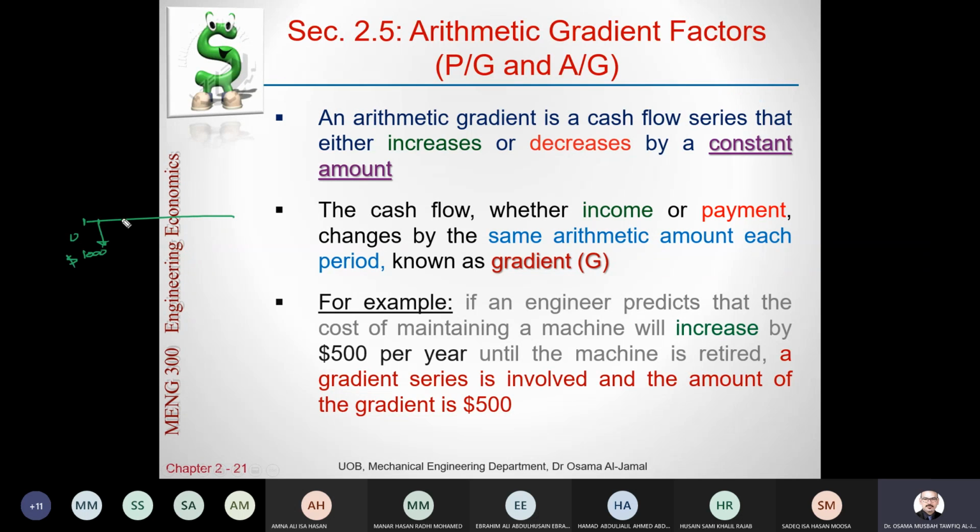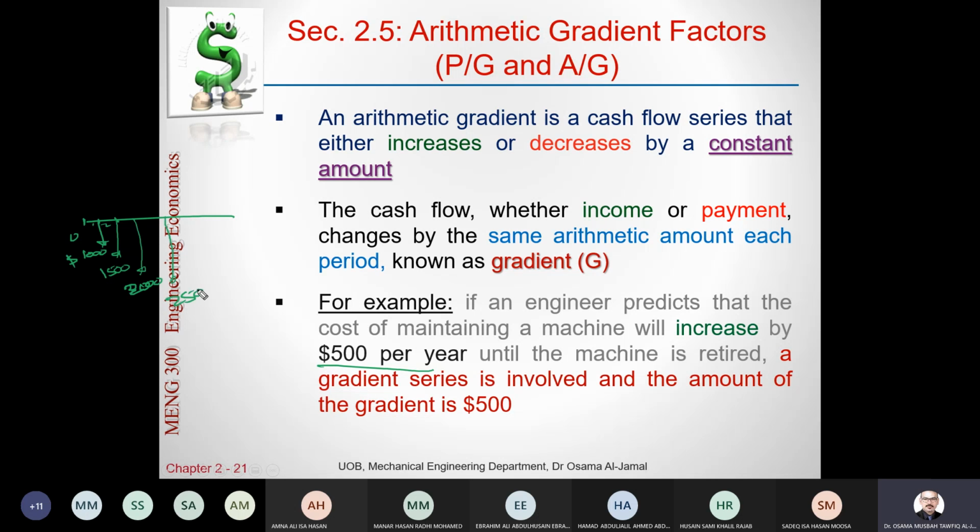So in year two, that is going to increase. See what's written here: the machine cost will increase by $500 per year. So the first increment will be in year two, $1,500. In year three, it will be $2,000.